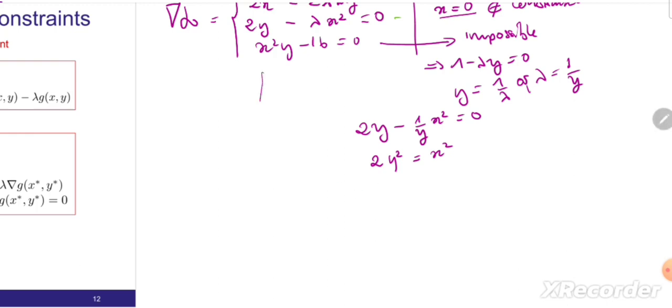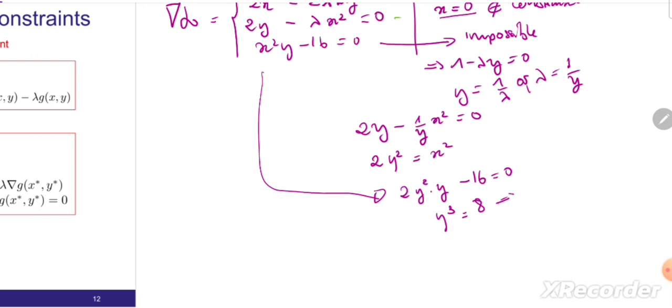I can use that and plug it into the third equation. So x squared is 2y squared times y minus 16 is equal to 0. So y cubed is equal to 8, so that y is equal to 2.